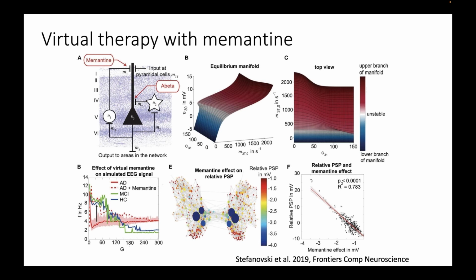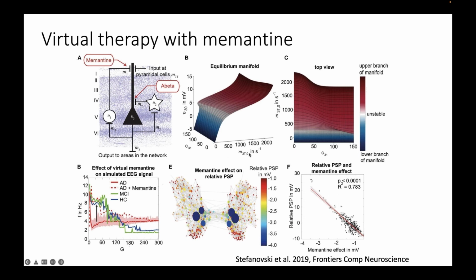So we reduced the NMDA-ergic transmission a bit. So you can see this here, that C31 is the parameter of NMDA, and this leads then to a sharper sigmoid here, depending on the input.